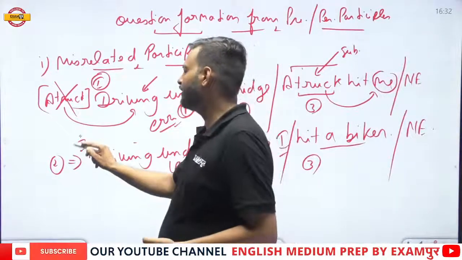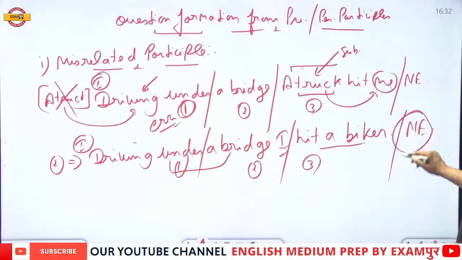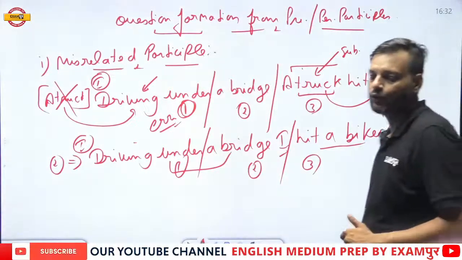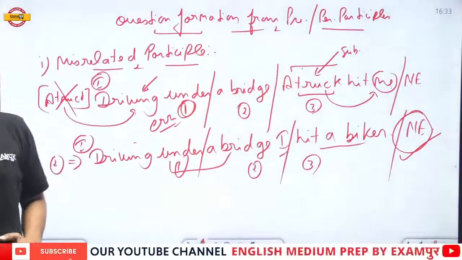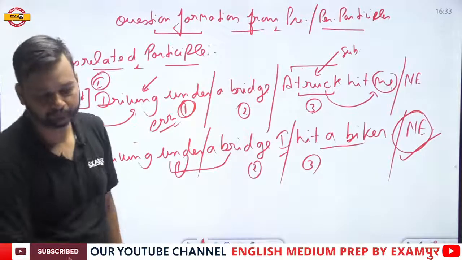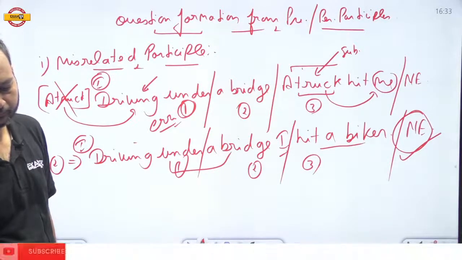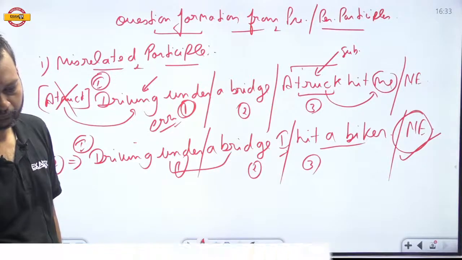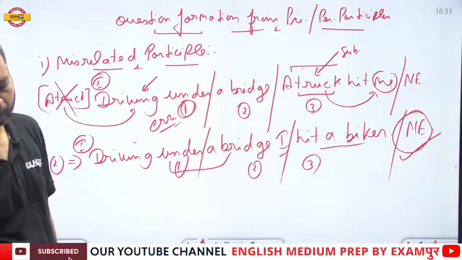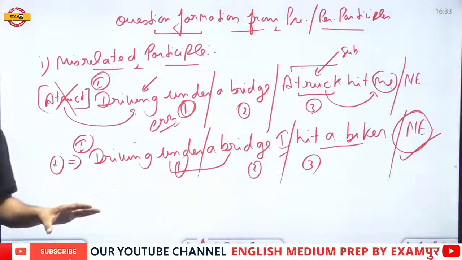I. So in this sentence, both the subjects are same, I and I. So this sentence has no error. Getting my point or not? Is this clear?